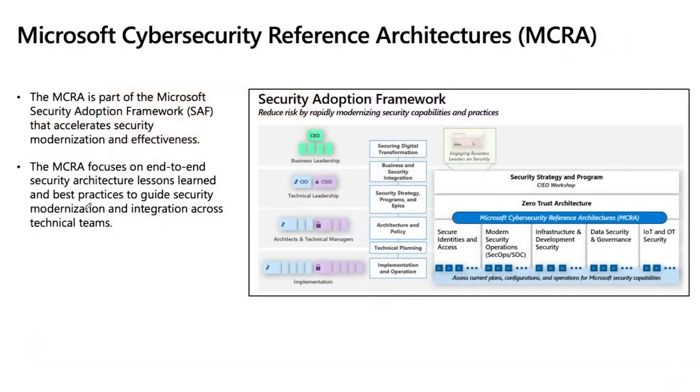Next is MCRA. MCRA stands for Microsoft Cybersecurity Reference Architecture. This is a collection of different Microsoft reference architectures and designs, where we see how different Microsoft services and features work together, how these are integrated, and how we can integrate third-party solutions like ServiceNow and other third-party SIEM solutions.